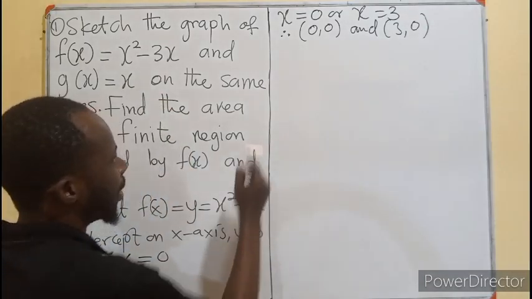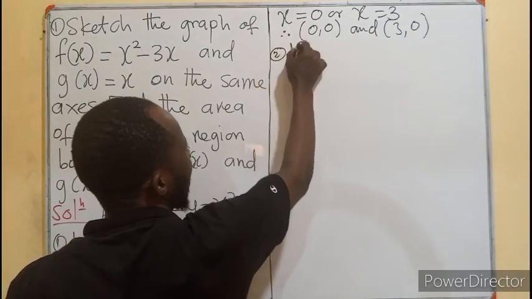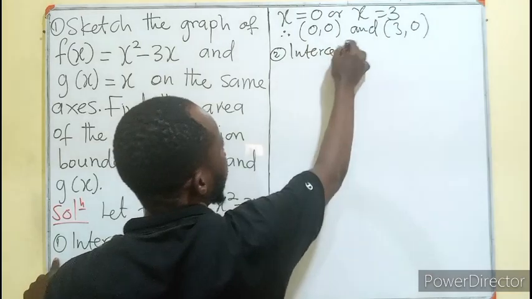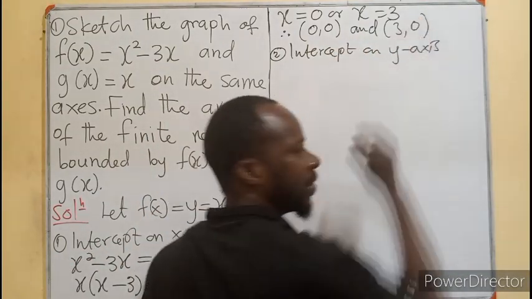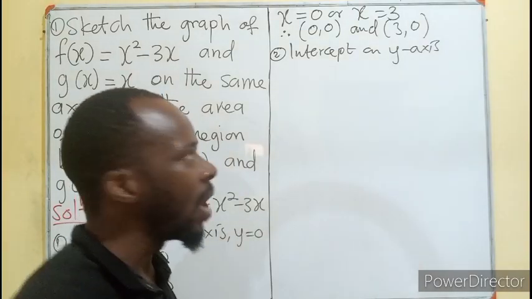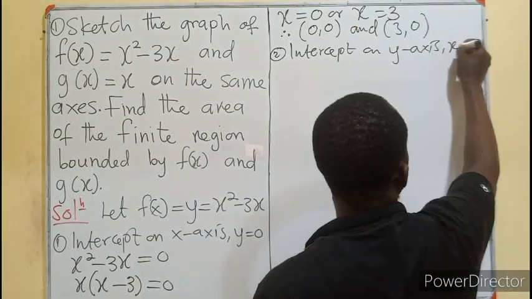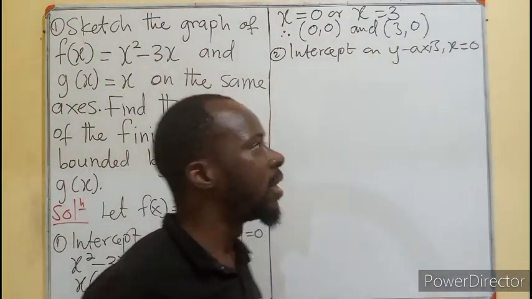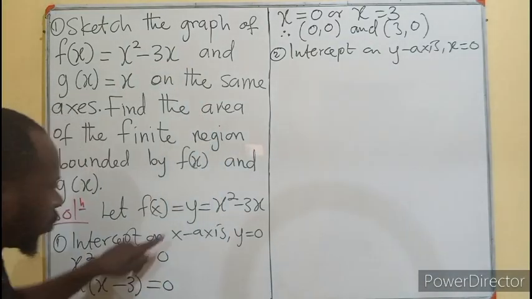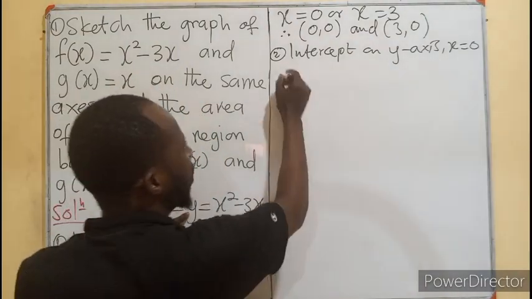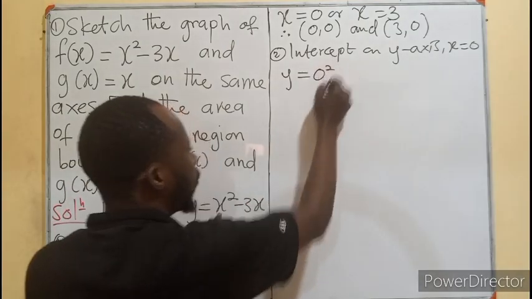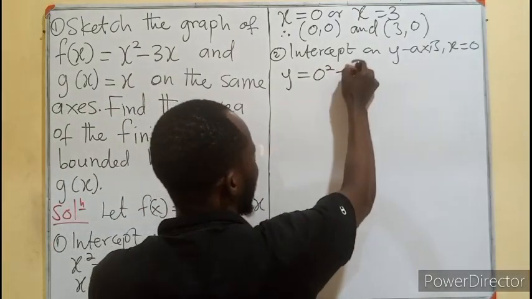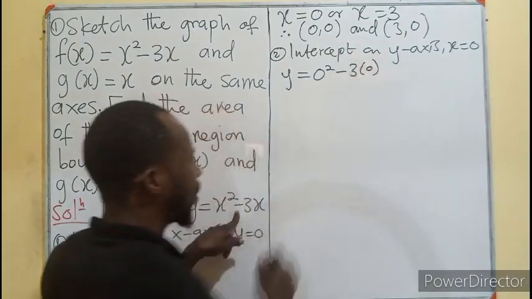All right. Then number 2 is to find the intercept on the y-axis. The intercept on the y-axis simply means that we equate x equals 0. So we are still using y equals x squared minus 3x, which obviously will be 0, but let's just have the benefit of the doubt.